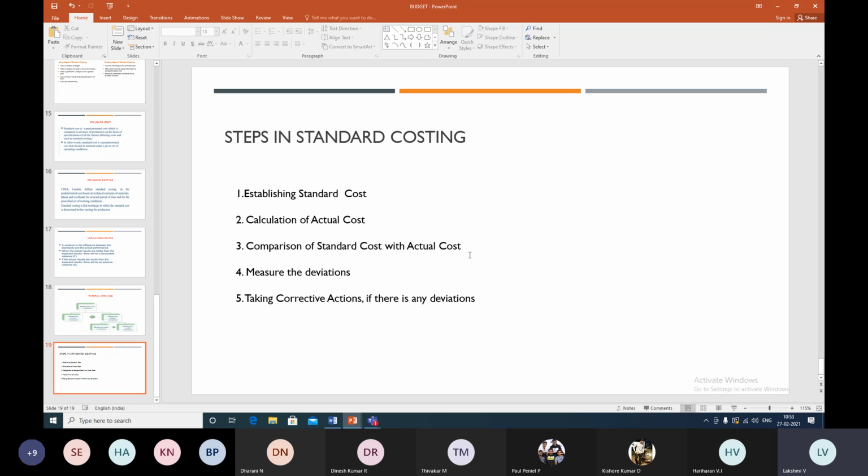This is responsibility accounting: the work is entrusted to a particular person or department who is in charge of controlling the cost, whatever expenditure is happening. They should take the necessary steps to control it. That is the job of that responsibility center, cost center. So first they establish this in the business unit.